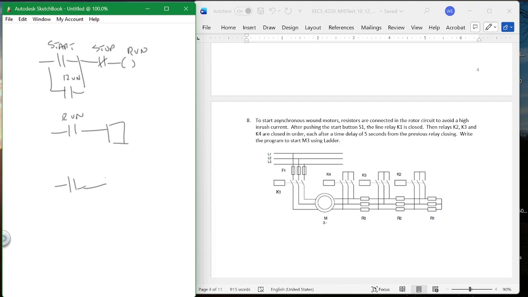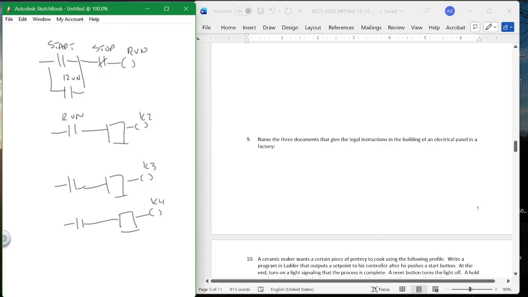So this one goes to another timer. And then that one goes to another timer. This turns on K2. This one turns on K3. This one turns on K4. And you're done. Any questions about that one?